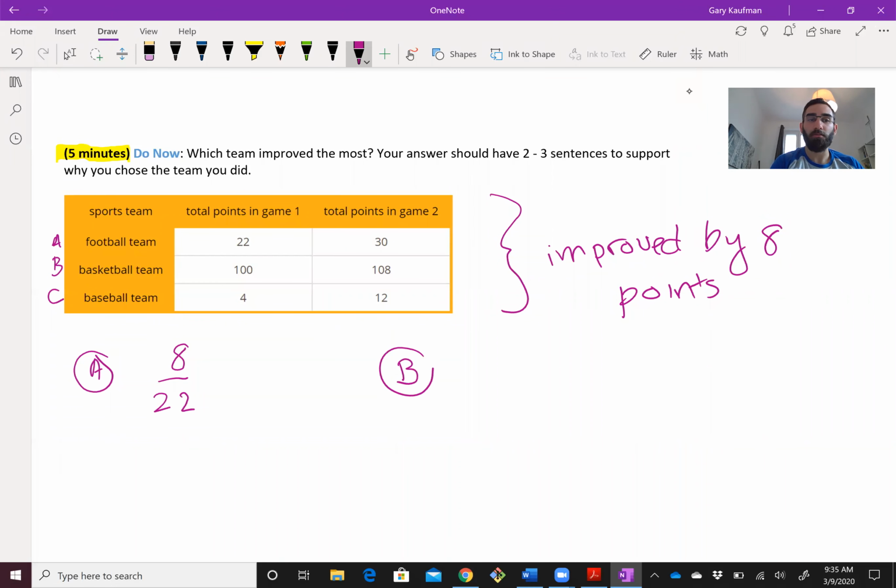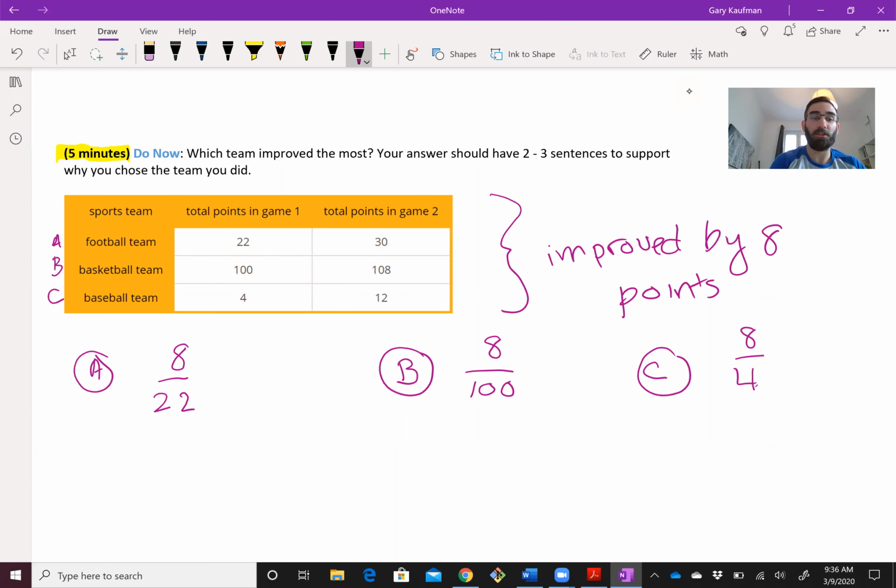B, basketball team improved 8 compared to 100. And C, the baseball team improved 8 points compared to 4. Now notice I have to use the same structure for all of them if I'm trying to compare. You could have done it in a different way, but they must use the same structure.